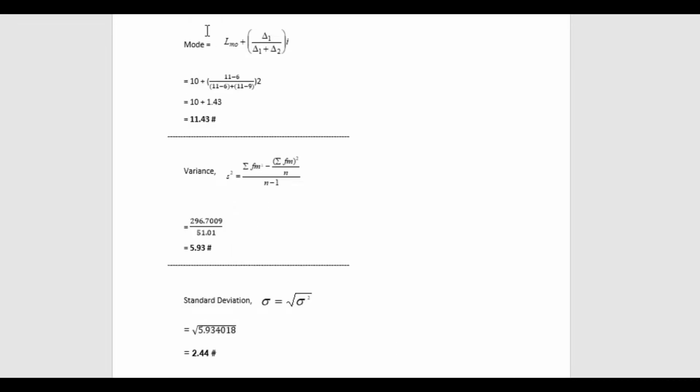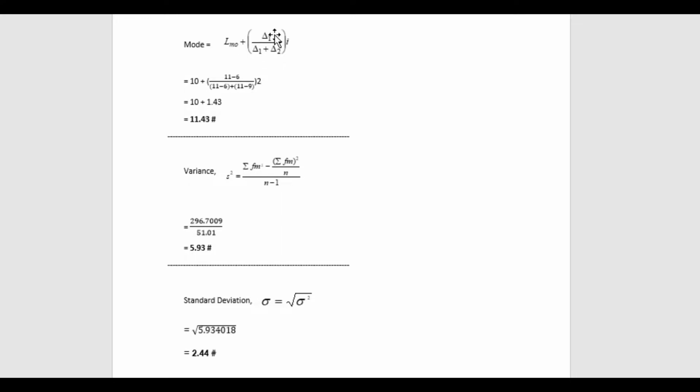Next, we will calculate the mode. So for the mode, we use a formula. So here we have L. This L stands for the lower boundary of the mode class. Here we have delta 1 over delta 1 plus delta 2. Delta 1 will be the mode's frequency minus the frequency of the class before it.